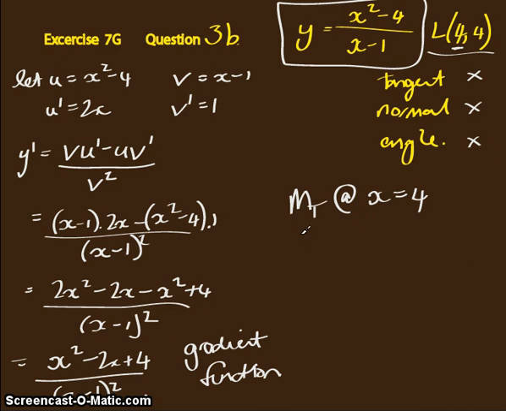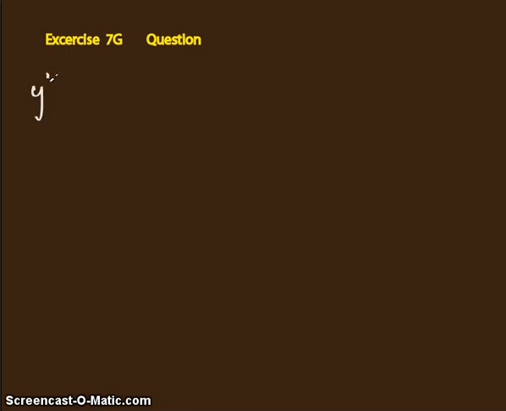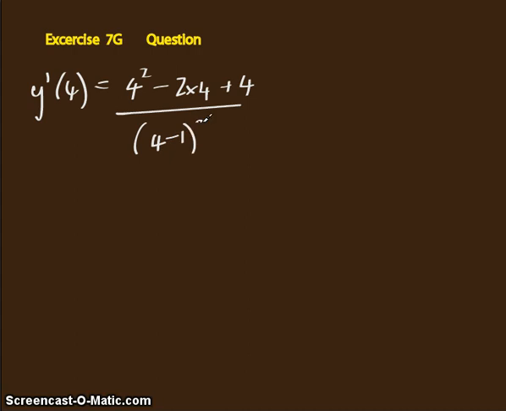To do that, what I'm really finding is the derivative at the point where x equals 4, and mathematically we write this as the derivative evaluated at the point 4. So I'm just going to turn the page. y dash of 4 will be equal to, now it was x squared, so that's 4 squared, 2x is 2 times 4, plus 4, all divided by x minus 1, which is 4 minus 1, all squared.